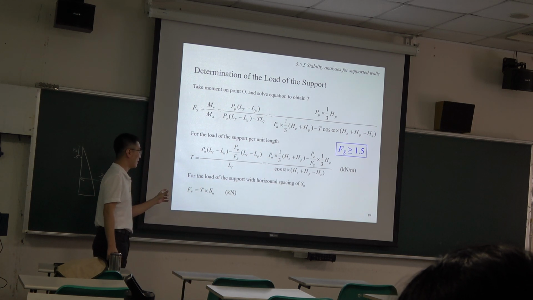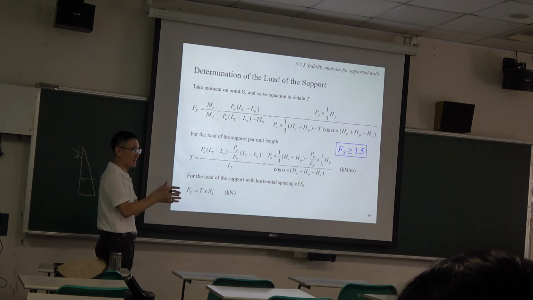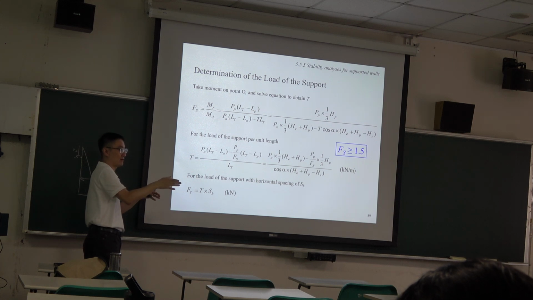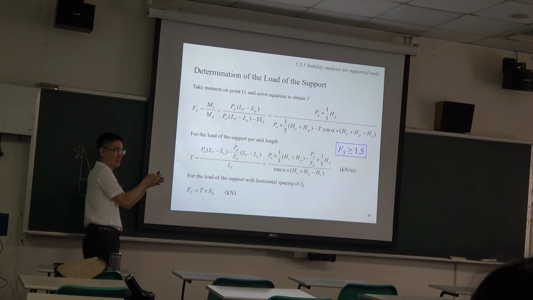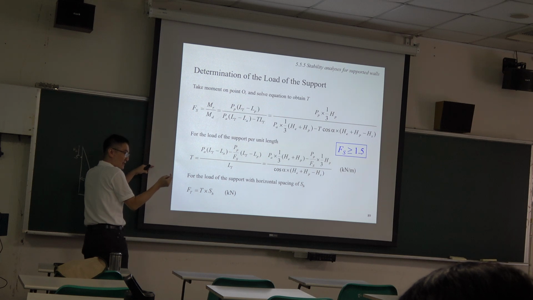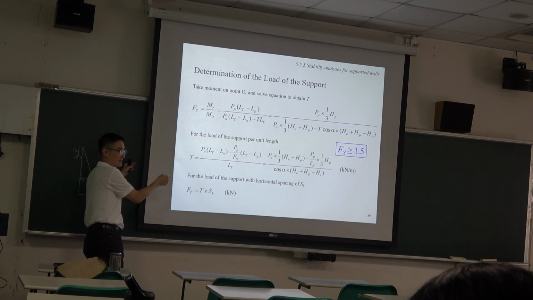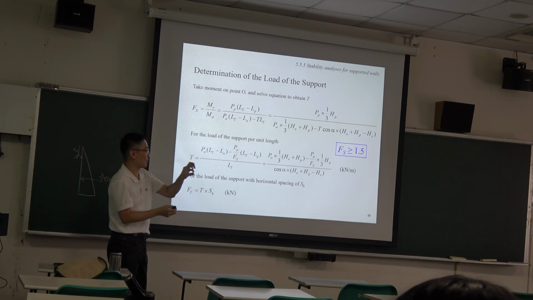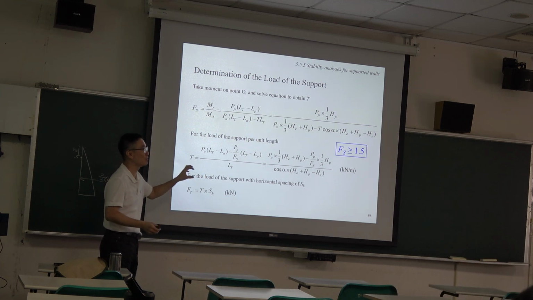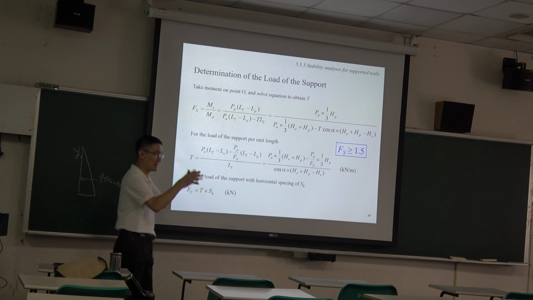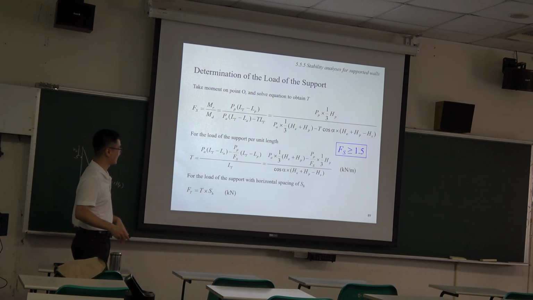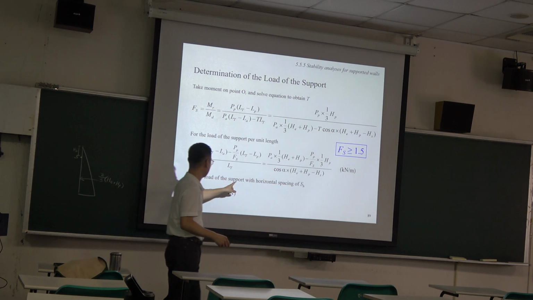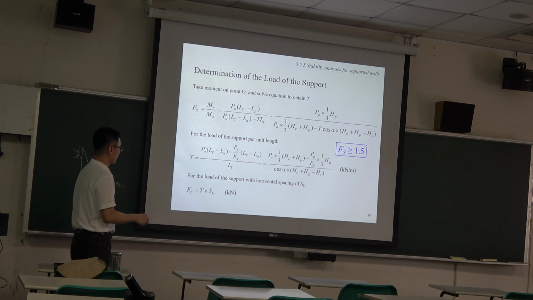What's the meaning of unit length? Because generally, when we install the anchor, it's impossible to have a two-dimensional infinite distance. We will generally install probably every 2 meter or every 2.5 meter or every 3 meter. So they will have a certain horizontal space.